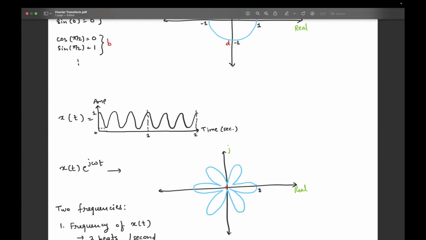The frequencies are the same. So this is completing 3 cycles in a second. And when this frequency is also the same, we will complete 3 circles in a second. So for a single circle, we have one cycle.